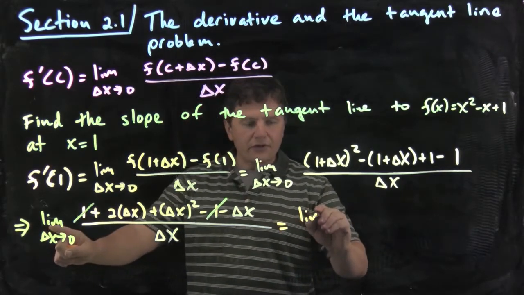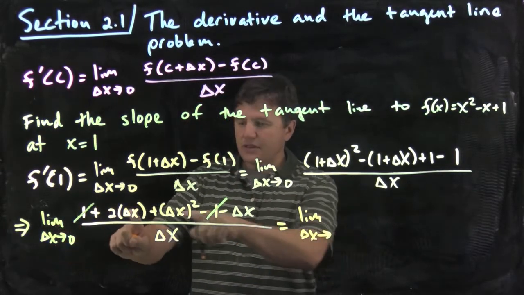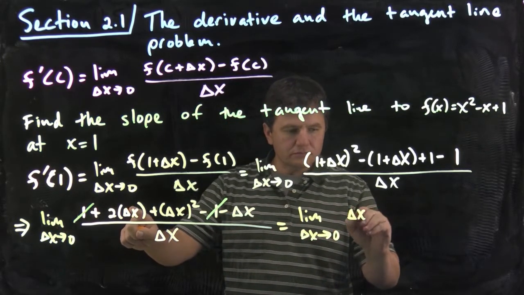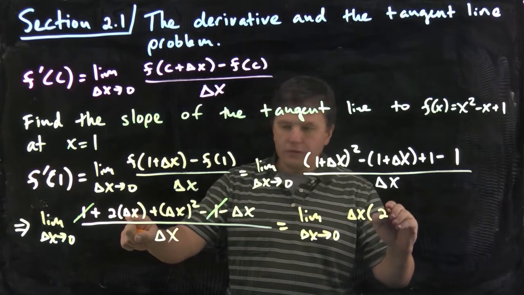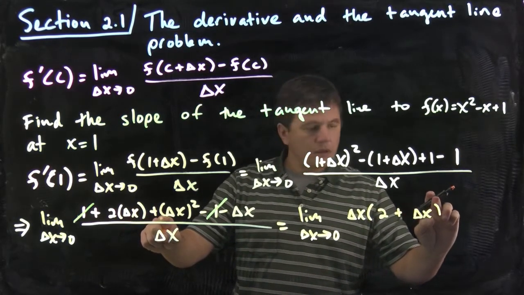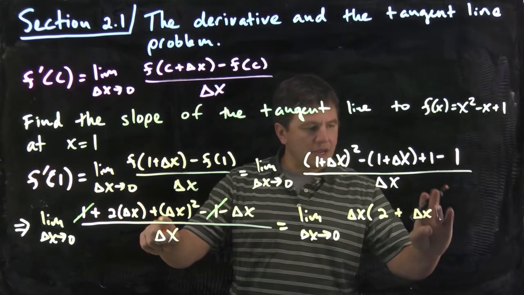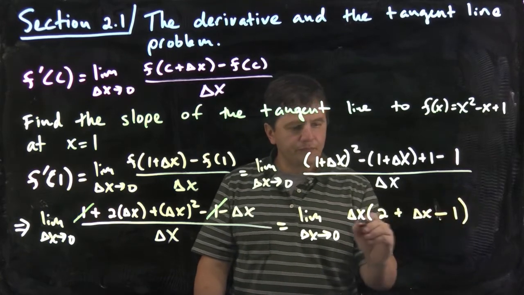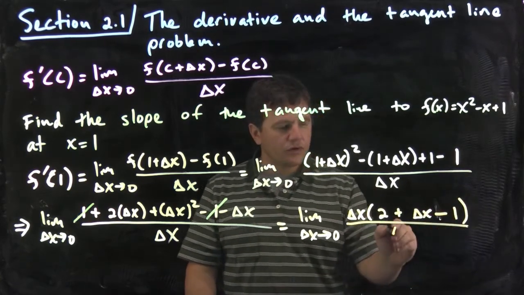So now I can factor a delta x out of the top because every term has a delta x, which leaves me with 2 plus a single delta x, minus delta x. So that'll be minus 1, over delta x.